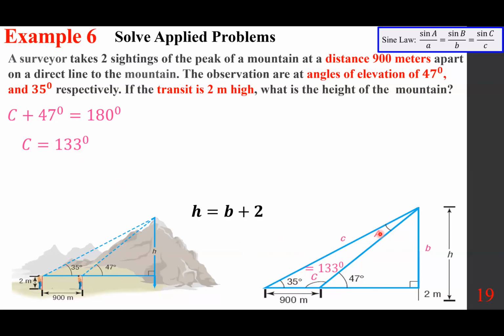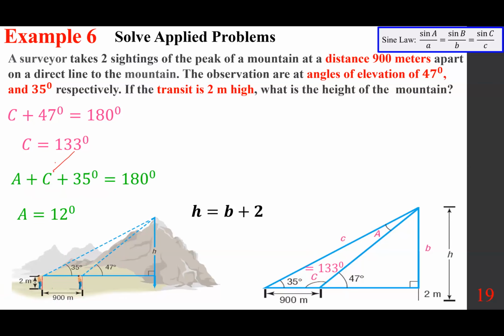So this is 133 degrees. So A and C and 35 degrees is 180 degrees. We know C to be 133 plus 35 is 168 subtracted from 180, and you get A to be 12 degrees. So again, just to make sure.